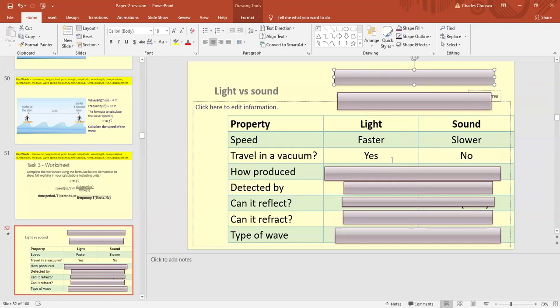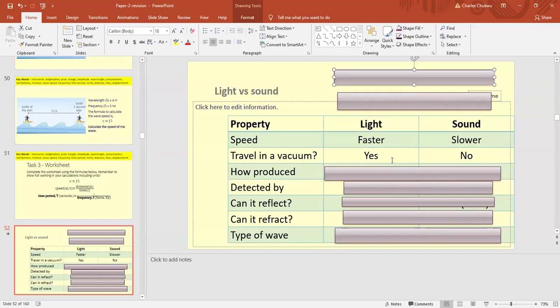Outside the earth, the air is very thin and oxygen is even lacking, so it's as if there's a vacuum there. So light from the sun can travel to us in a vacuum, in spite of the fact that there's no air there. It doesn't need that medium.